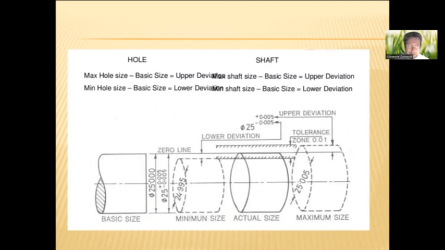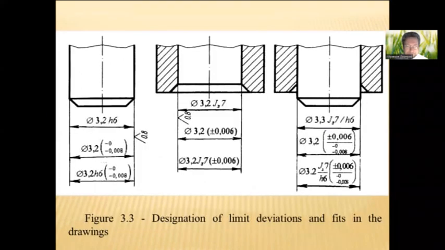There you can see maximum hole size, basic size, upper deviations of the shaft and of the hole. And in figure 3.3, you can see designation of limit deviations and fits in the drawings. 3 types of designation of limit deviations and fits. First type with fundamental deviation, IT grade, and upper limit deviation and lower limit deviation.